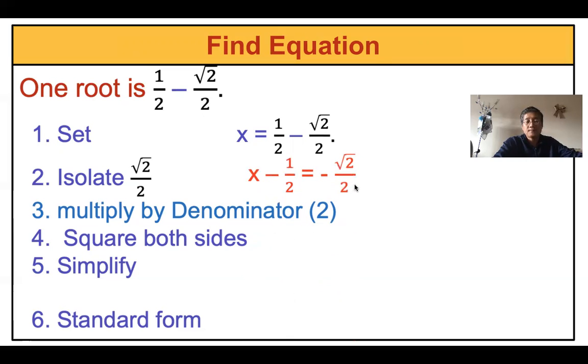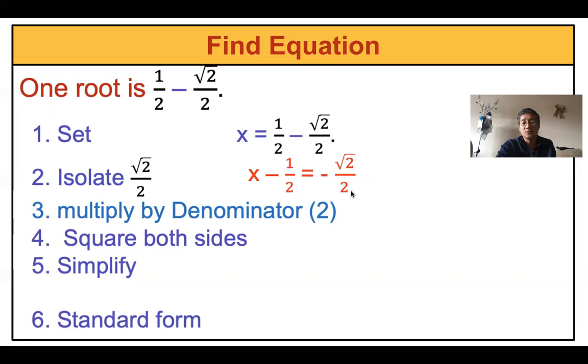Now, we never have a fraction in the original quadratic equation, right? If you just square it, you will still have a fraction. So how do we remove the fraction, which is the denominator? Yes, we multiply by the denominator 2.